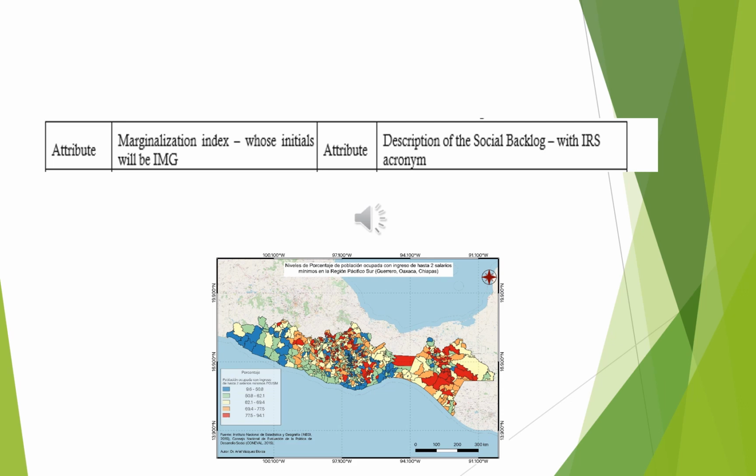On the other hand, there is a marginalization index developed by CONAPO, Consejo Nacional de Población, which is a summary measure that allows differentiation of geographic units of the country according to the overall impact of the deprivation suffered by the populations.